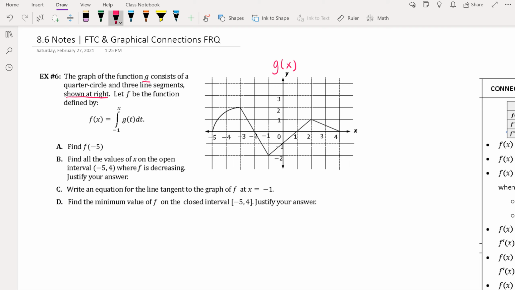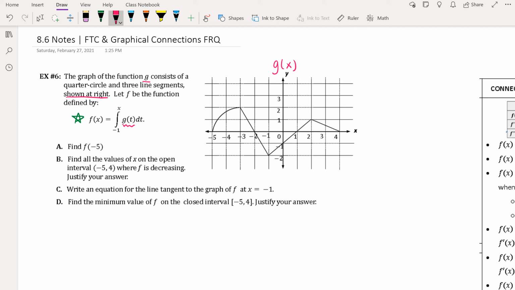A lot of the time they'll give you multiple functions. For example, let's keep reading. Let f be the function defined by f of x equals the integral from -1 to x of g of t dt. Okay, so we've got two functions. It's good to keep them straight. So that's why we label the graph.